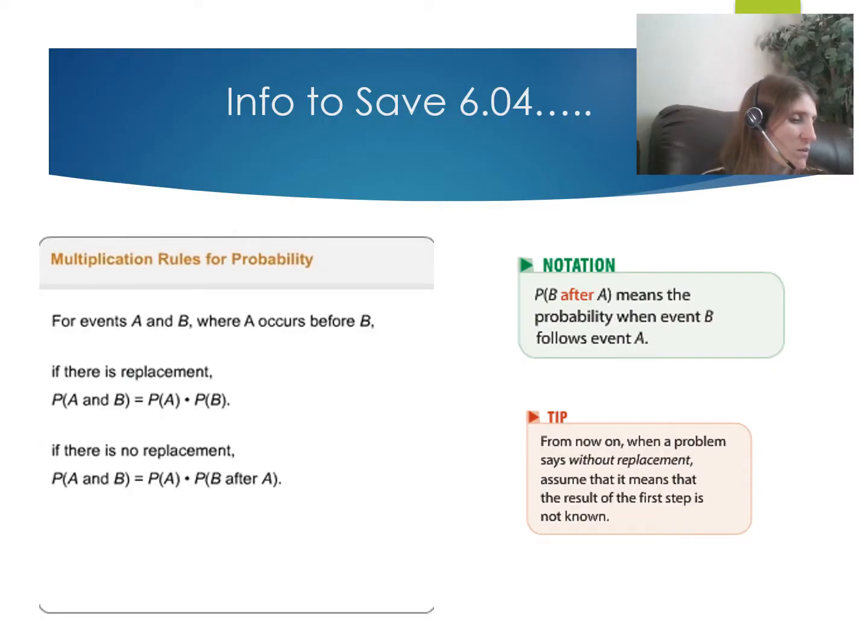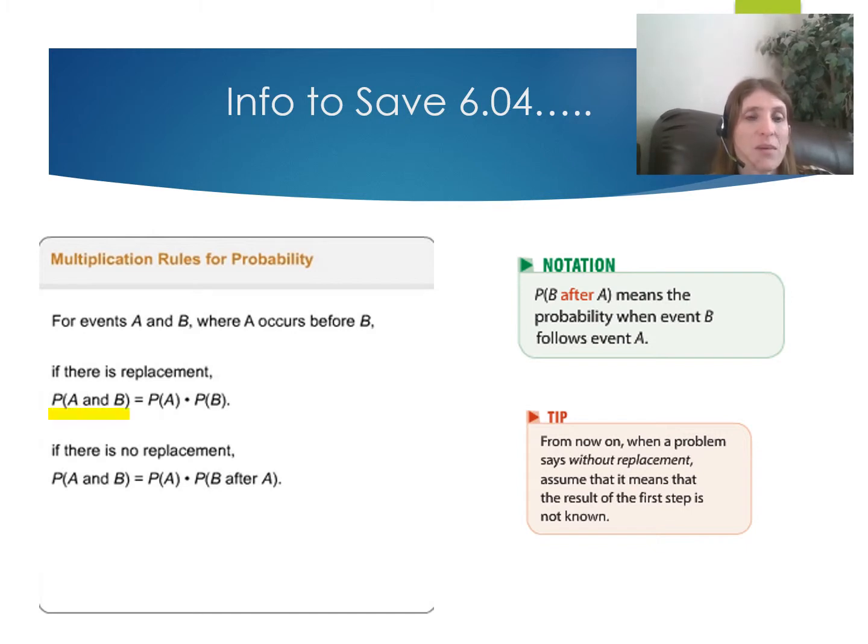Okay, so for our information to save page for 6.04, these are the things I wanted you to remember. Multiplication rules for probability. For events A and B, where A occurs before B. So this is like saying, I have a situation, I'm going to do this one first, and then I'm going to do this one, okay? If there is replacement, meaning we're going to put it back, or we're going to include it the second time, then this is how we read it.